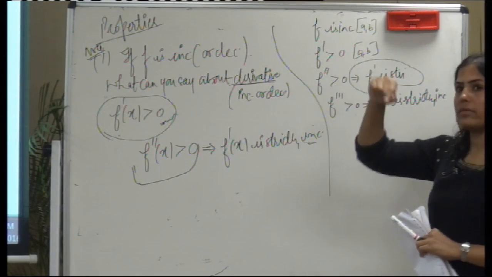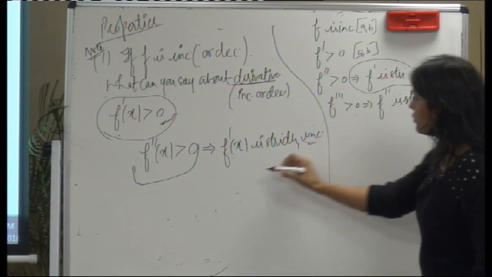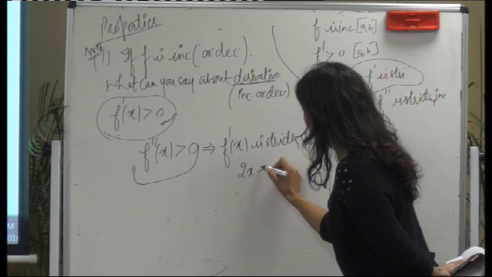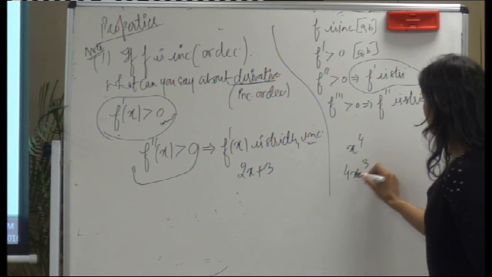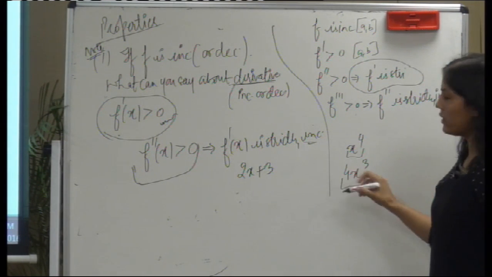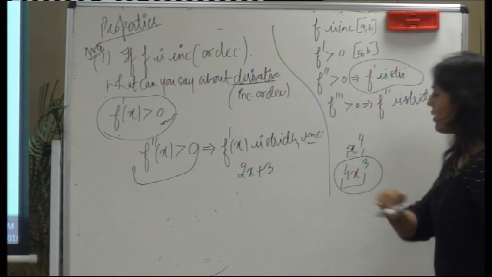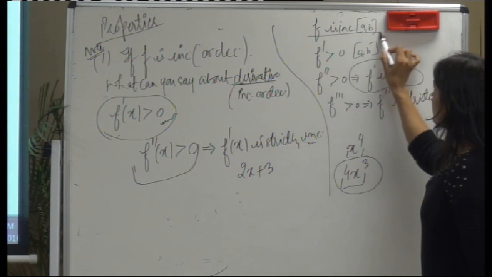Graph, derivative graph first, so you should know the function. Take any graph, x to the power 4, then the derivative will be 4x cube. This is basically the x to the power 4 function's derivative. Now it will depend on the interval. First you find out the interval where the function is increasing.